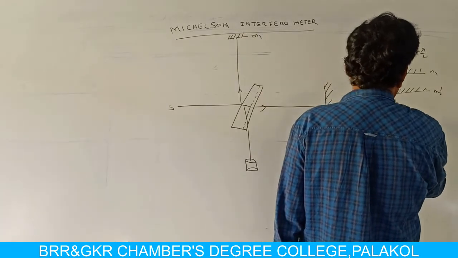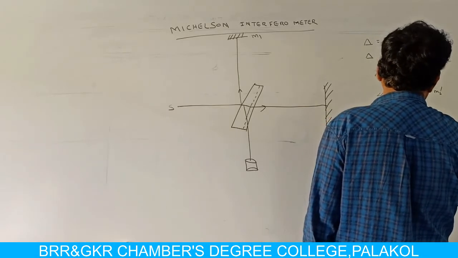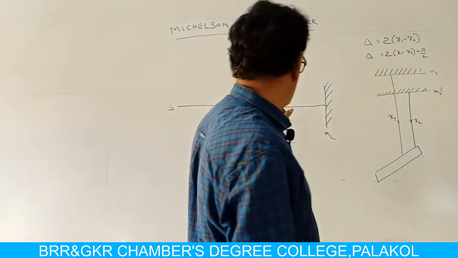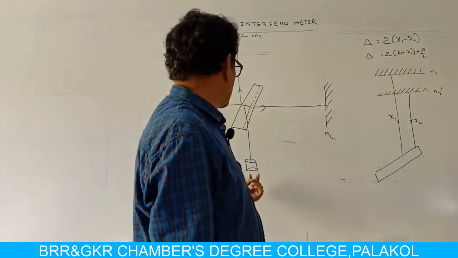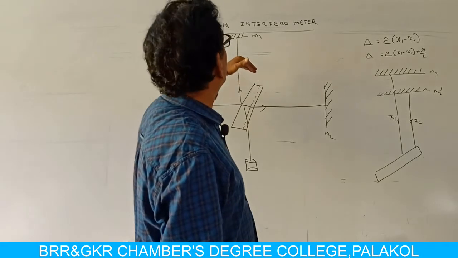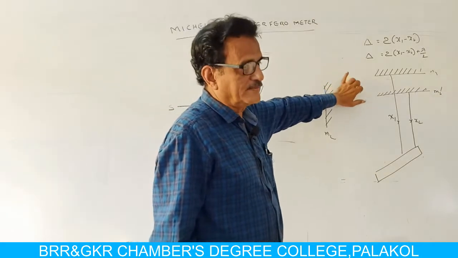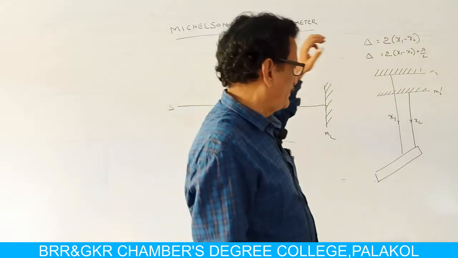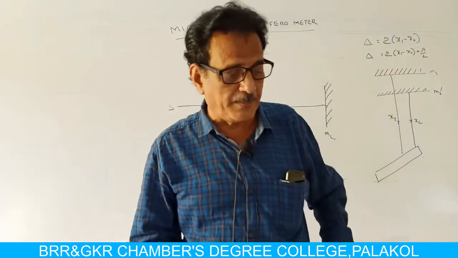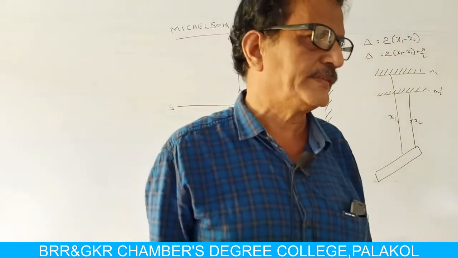This distance is called x1, whereas this distance is called x2. So, when we view this pattern in the telescope, the virtual image is visualized parallel to M1 like this. Then we can say that this is x2 and this is x1, depending upon the path difference.